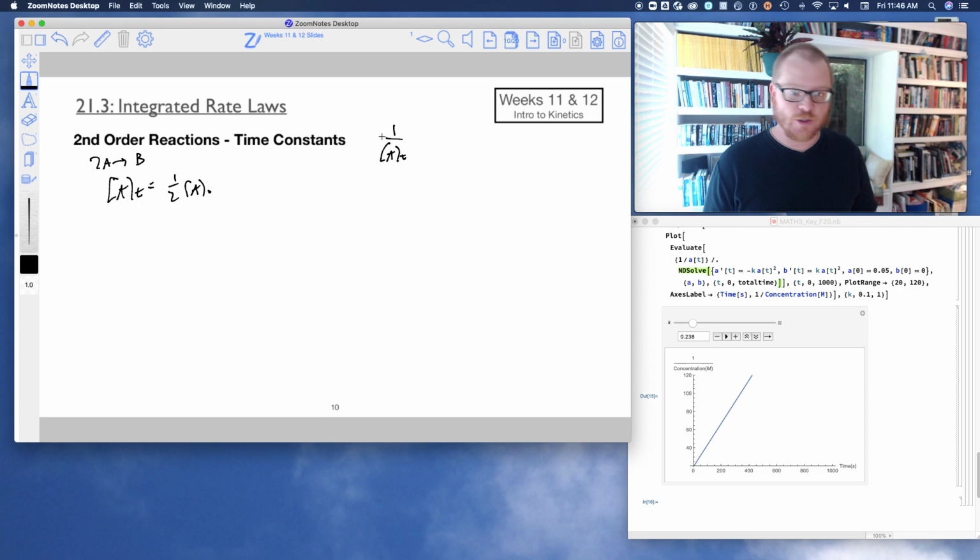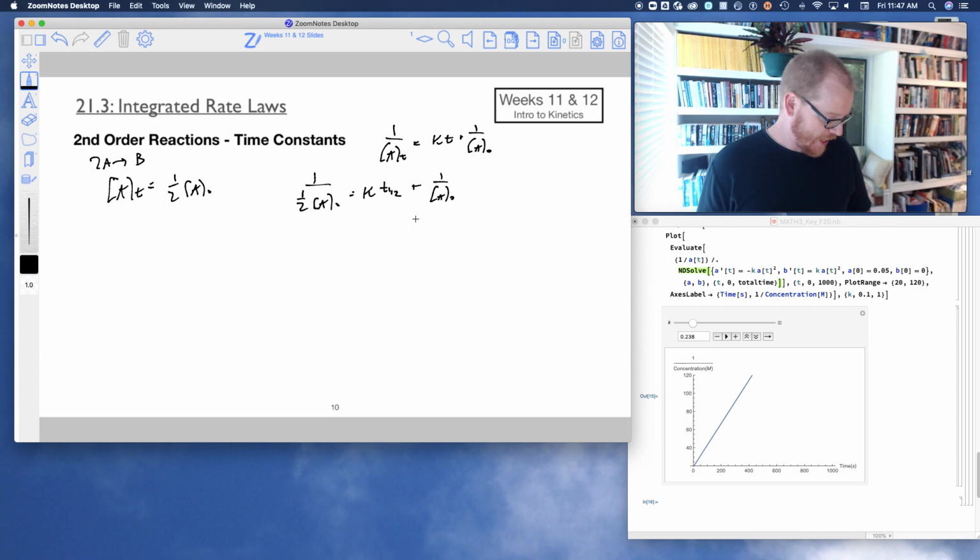Yes, 1 over A_t equals kt plus 1 over A0. Now when I substitute that in, I get 1 over 1/2 A0 equals k t 1/2, because we're talking about the half-life, plus 1 over A initial.